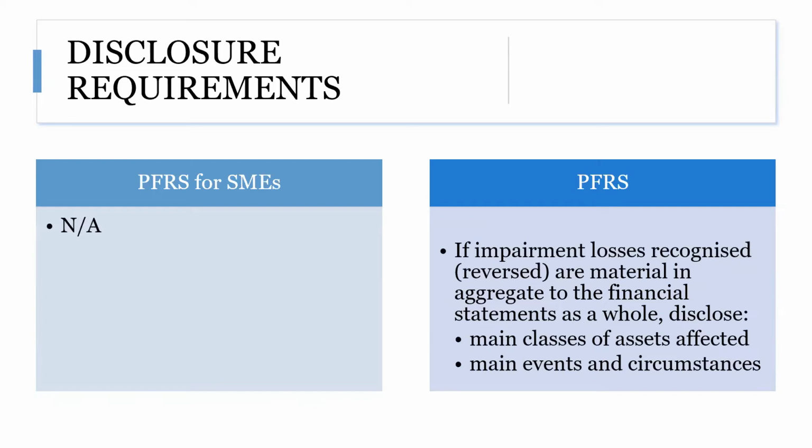So, if material din yung mga impairment losses in aggregate to the financial statements as a whole, for full PFRS, dini-disclose din natin yung mga main classes of assets affected and yung mga events and circumstances.